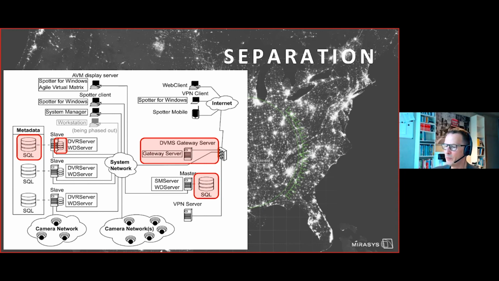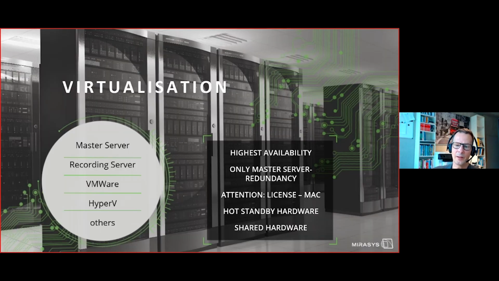Okay, let's move to the next item, virtualization. Virtualization can be done on the master server as well as on the slaves or recording servers. So you can use VMware or Hyper-V or other virtualization platforms for this.